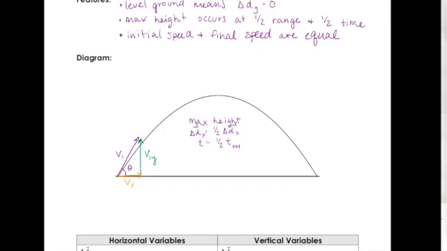Okay, so that's where the maximum height is. Also important to note, this is where Vy, the velocity of y, is equal to 0.